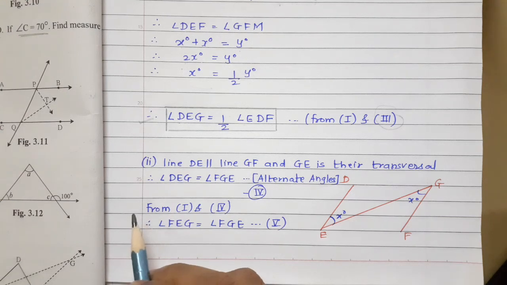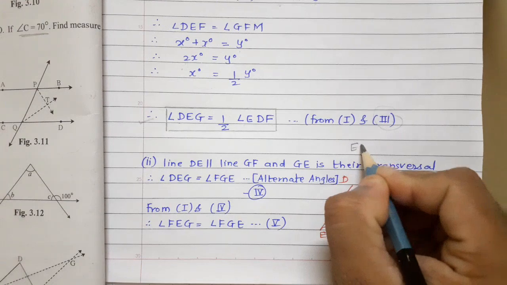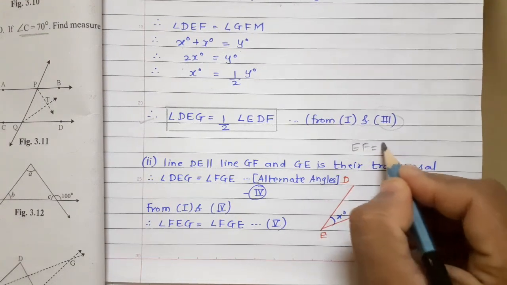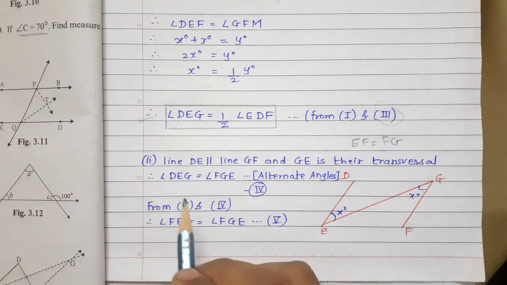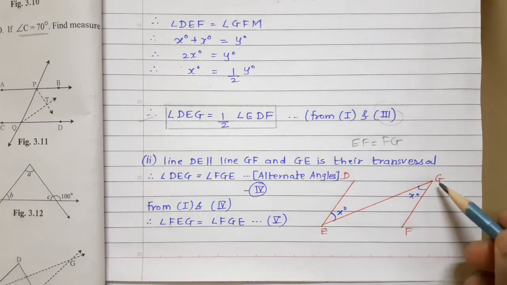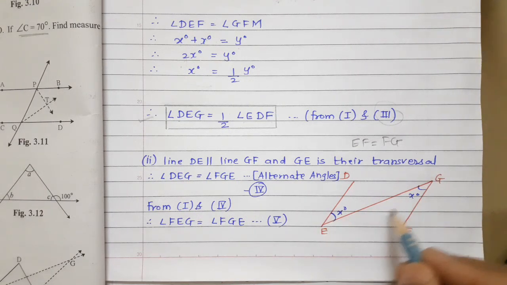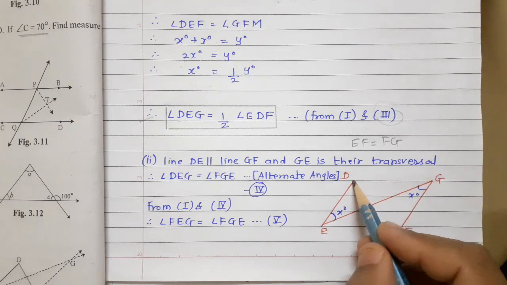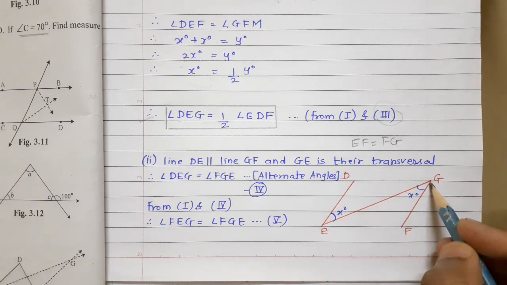Now for sub question second, we have to prove that EF is equal to FG. For that, line DE is parallel to line GF and GE is their transversal.